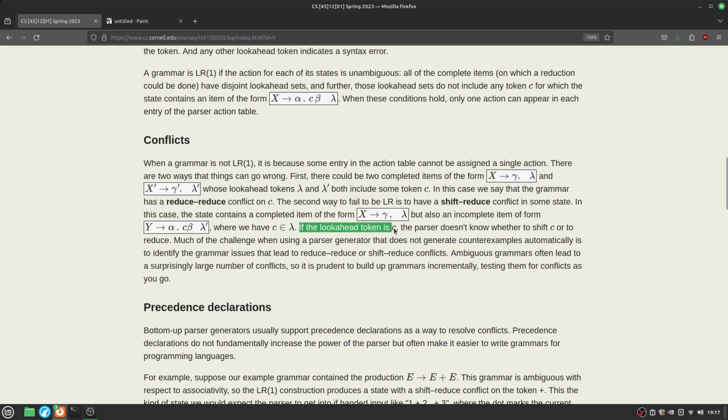If the look-ahead token is C, the parser doesn't know whether to shift C or to reduce.